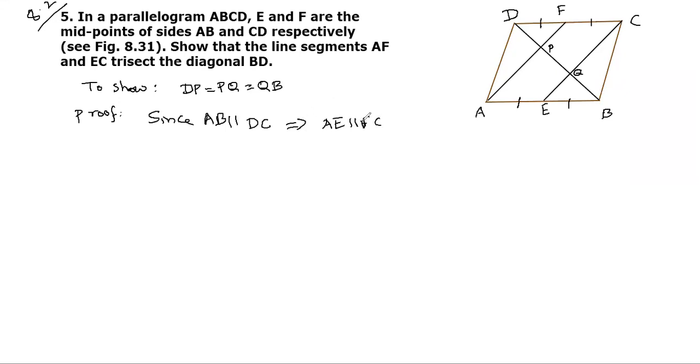Now we have to show AE is equal to FC also. Since opposite sides of a parallelogram are equal, AB is equal to DC. So we can divide by 2, so AB by 2 will be equal to DC by 2. Half of AB is AE, so AE is equal to FC.